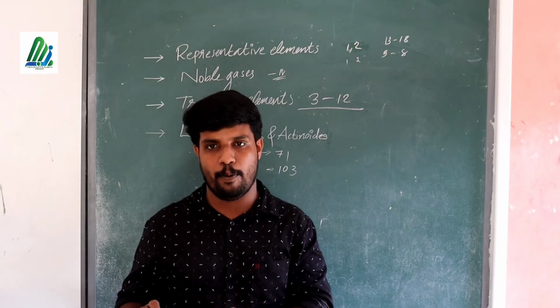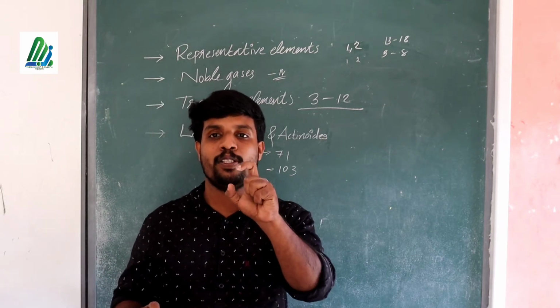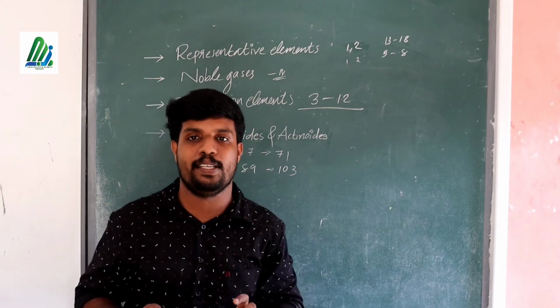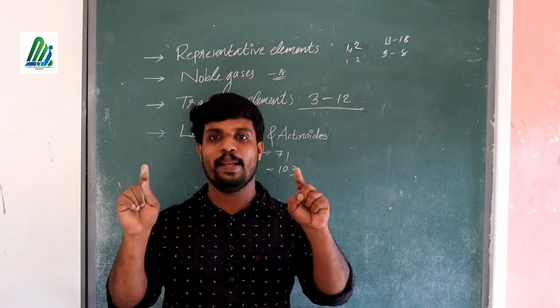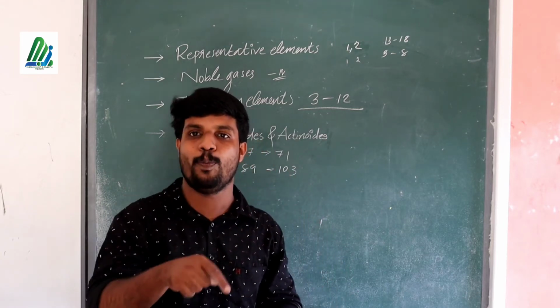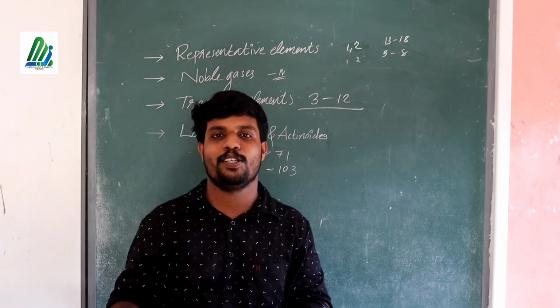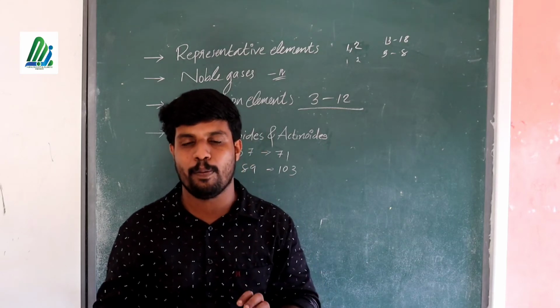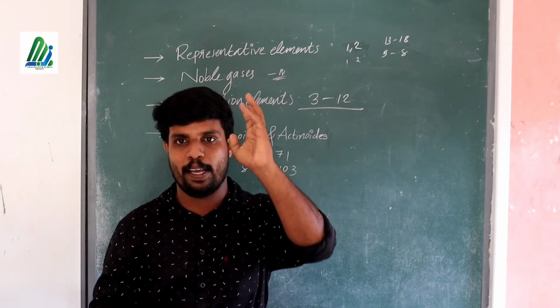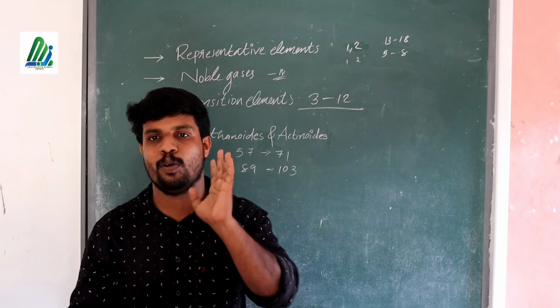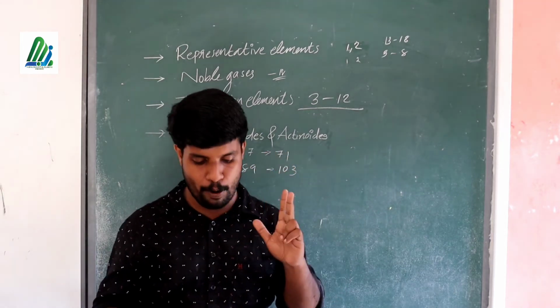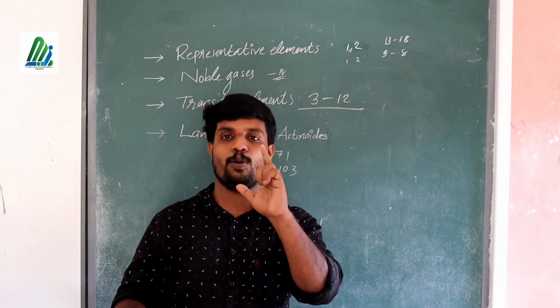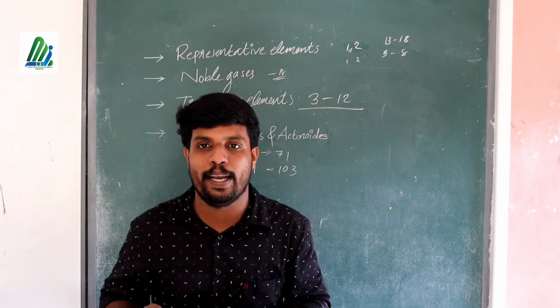Then they show variable oxidation states, different oxidation states, and also they show similarity in their chemical properties along a group and period. It's very important. They are metals, they form colored compounds, and they show similarity along their group and period.